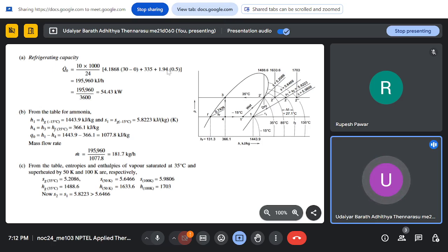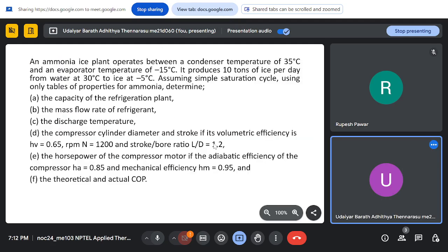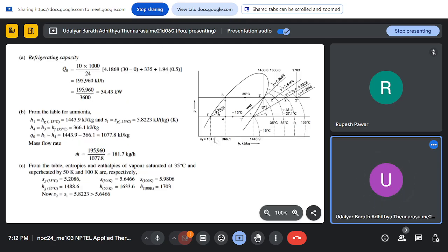The first is, we have to find out the refrigeration capacity. So the refrigeration capacity is given by the heat which you are taking in the evaporator. So here, this is your p-h chart for the ammonia.